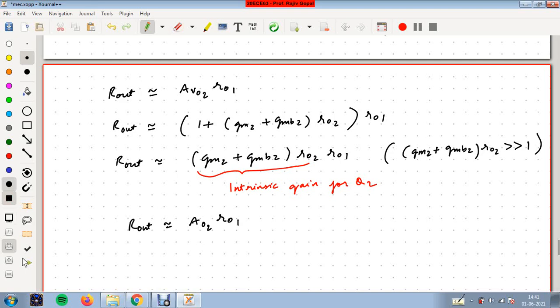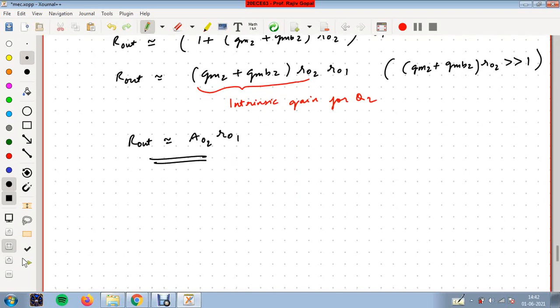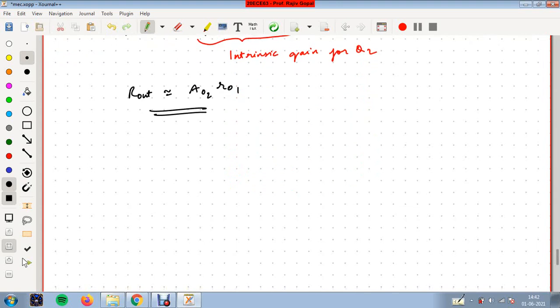Now in this equation there are some points you need to understand. If I have a simple CS amplifier like this, this is VI, this goes towards the load, and this is V naught.